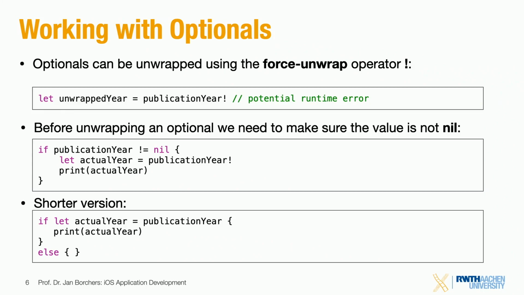So with this structure, you're trying in the if part here to assign to the actual year the unwrapped version of the publication year, or the unwrapped value from the publication year. And if that works, then we're going into the first bracket, and otherwise, we do something else with that. And that is something you will see everywhere in Swift.